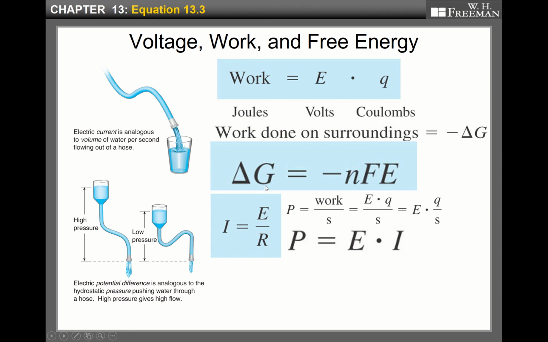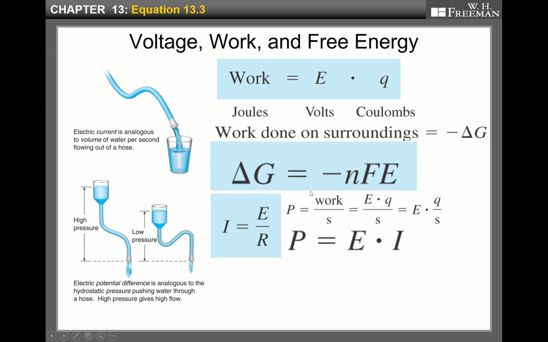But actually measuring Gibbs free energy change is very difficult, very cumbersome. Since this Gibbs free energy change is related to the electrical potential by this equation, if possible you can measure the electrochemical potential E, and then we can immediately know the Gibbs free energy change.